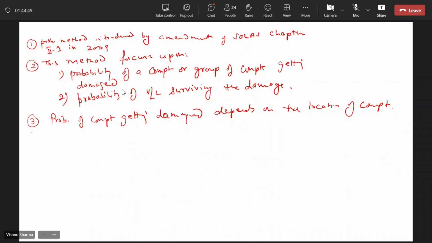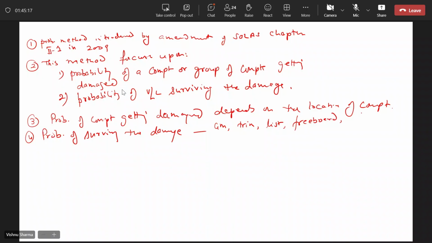Then the probability of the vessel surviving the damage depends on what? It will depend on the stability, the GM of the vessel. It will depend on the trim of the vessel. It will depend on the list of the vessel. It will depend on the freeboard of the vessel, that means the draft of the ship.